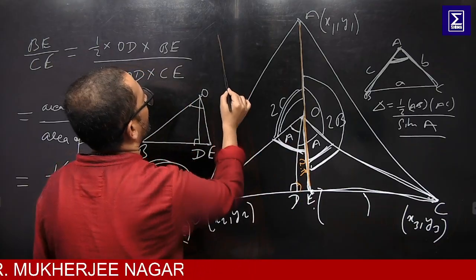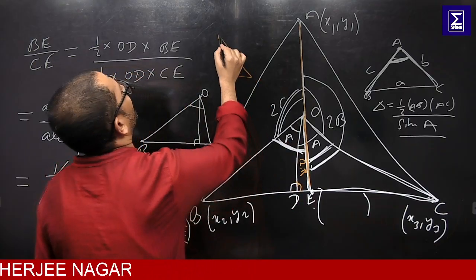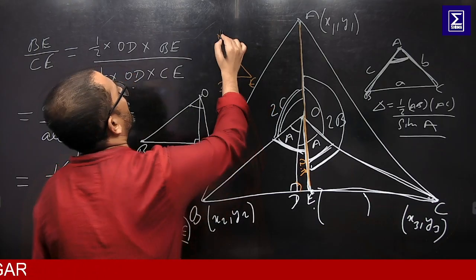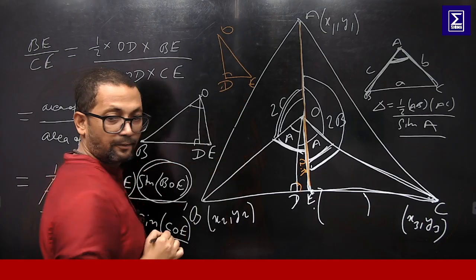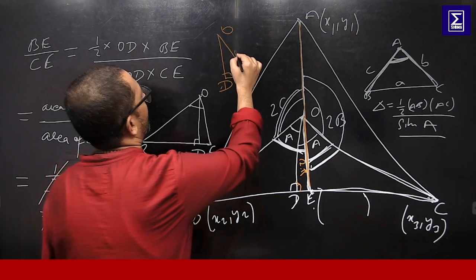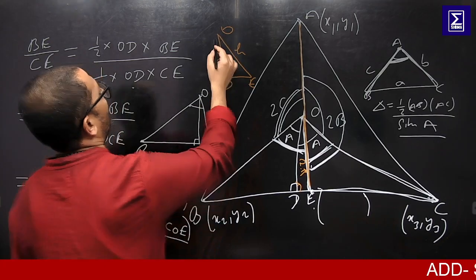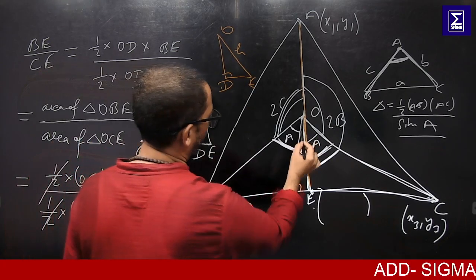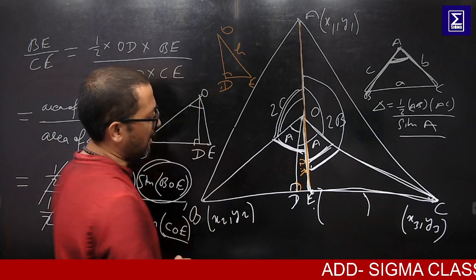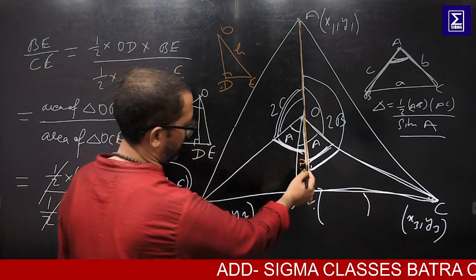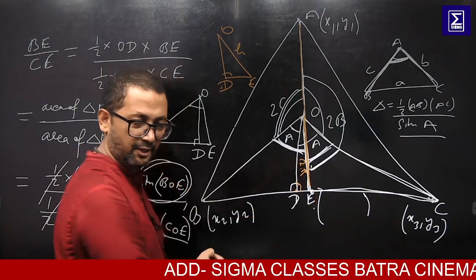This is your D, this is E and this is O. This is making an angle of 90 degrees, so OE is your hypotenuse. If we get OD, then we can easily get the value by using trigonometric relations.